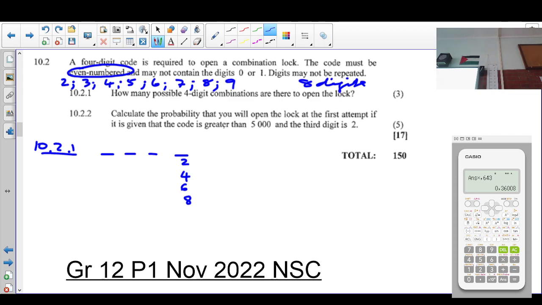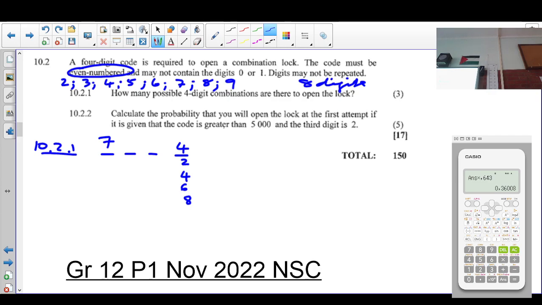So how many options do we have for the last digit? 4 options. Then how many options do I have for digit 1? You have 8 digits to choose from, but the last one must be even, so you have 7. I've considered one of the even numbers and the digits are not being repeated.